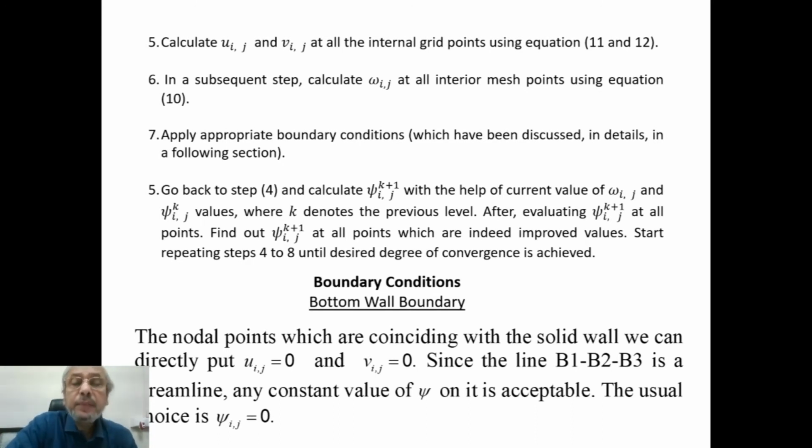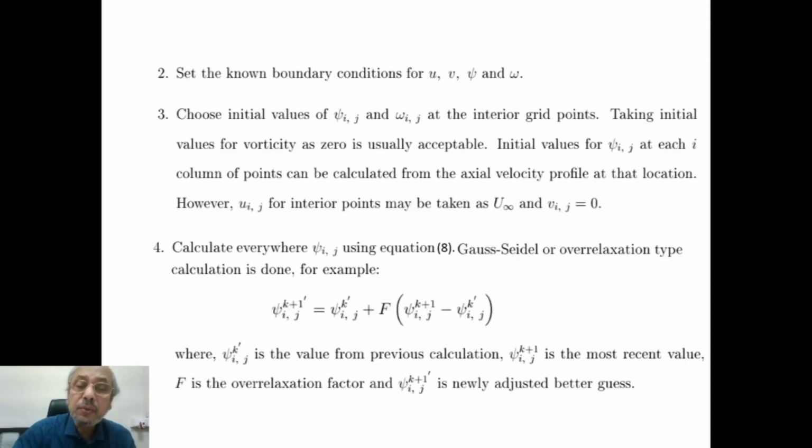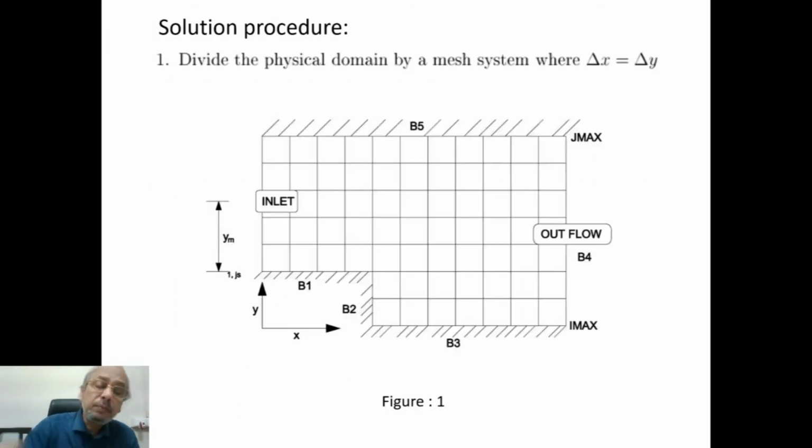Now we have to discuss the boundary conditions. The first set of boundary conditions which we will discuss is the bottom wall boundary. Bottom wall boundary, again I'm going back a few slides to the geometry. Bottom wall boundary means B1, B2, B3.